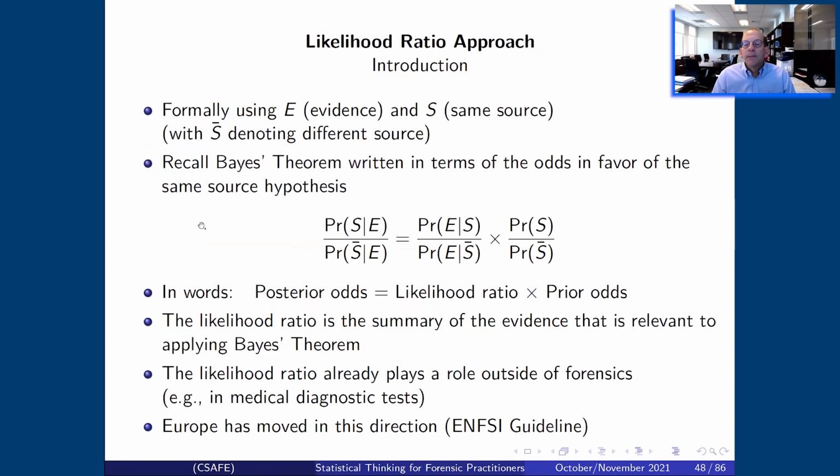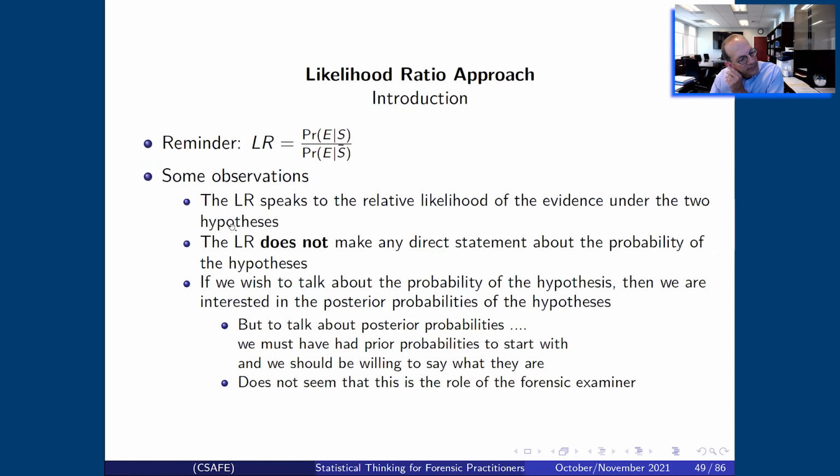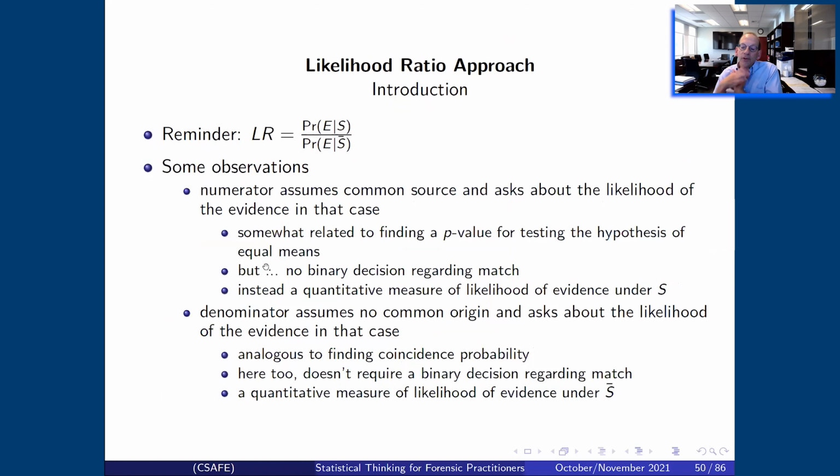If you want to talk about the probability of same source or different source, it's tempting, but what the formula says is the only way you can do that is by taking the likelihood ratio, which summarizes the evidence, and adding prior information from some other source. And I would argue that is not the role of the forensic examiner.